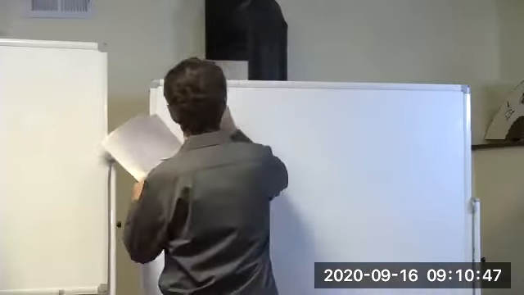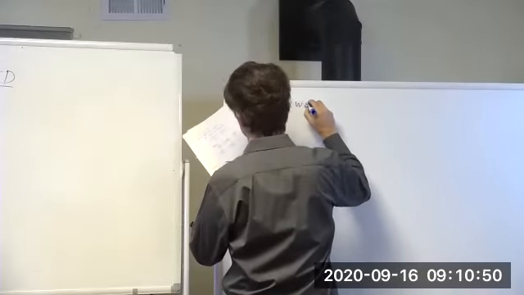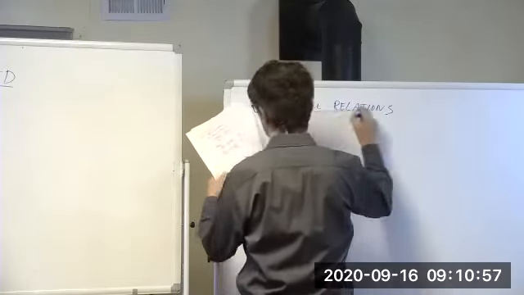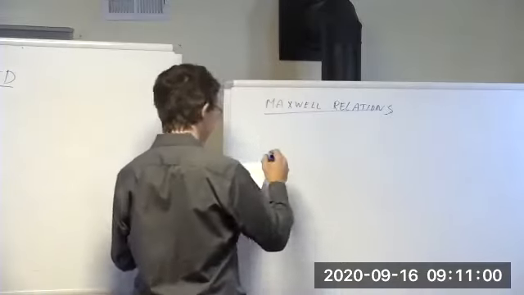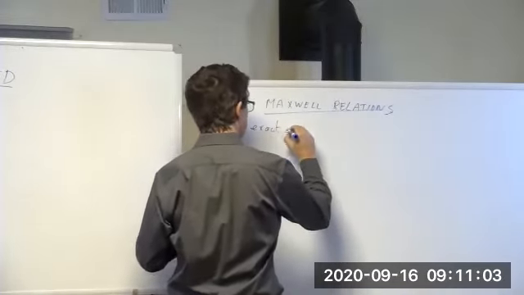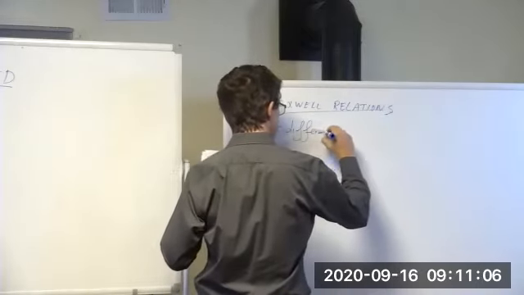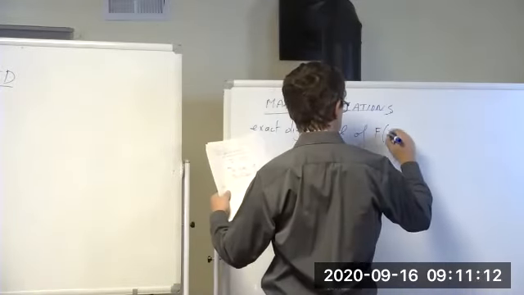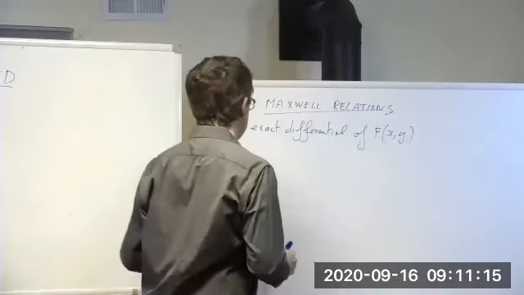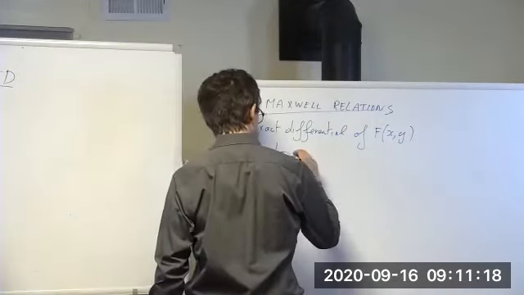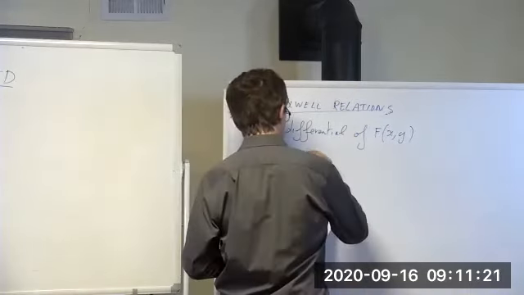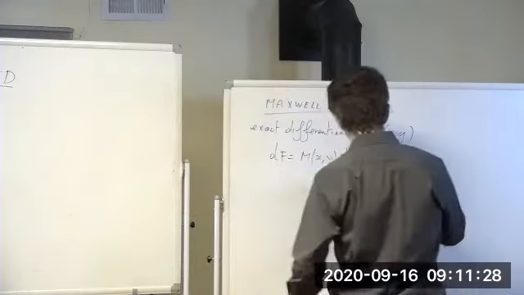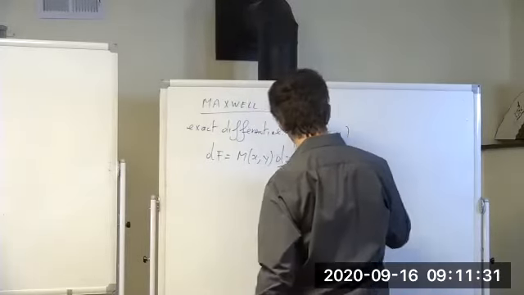Okay, first one is what's called the Maxwell relations, which state that if you have an exact differential of some function, which I'll call f, a function say of x and y, then if you write the differential df, so if you have an exact differential, then you know the first partial derivatives. This is M, this is N.